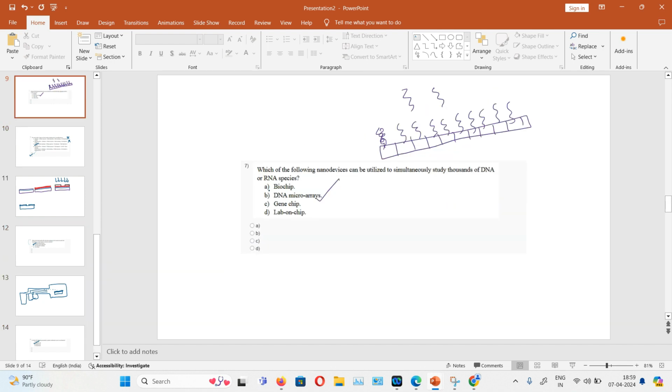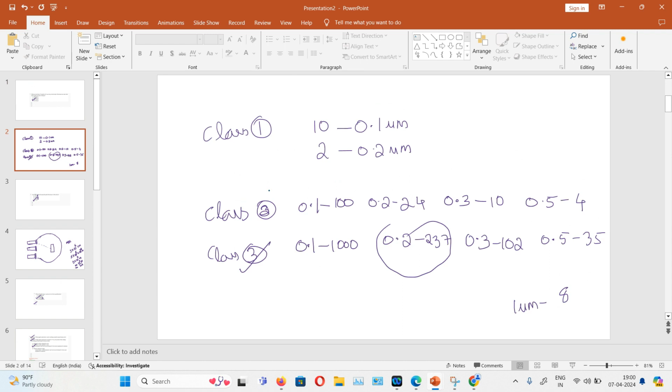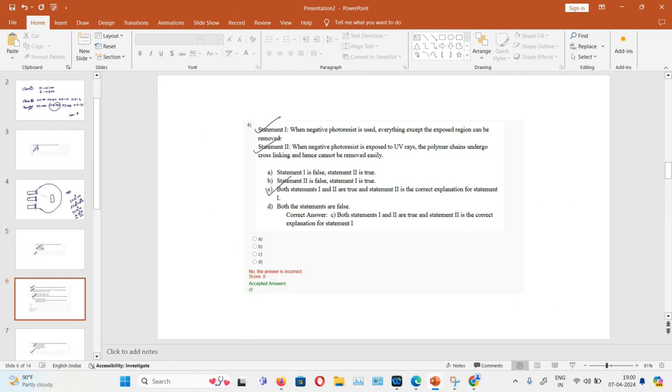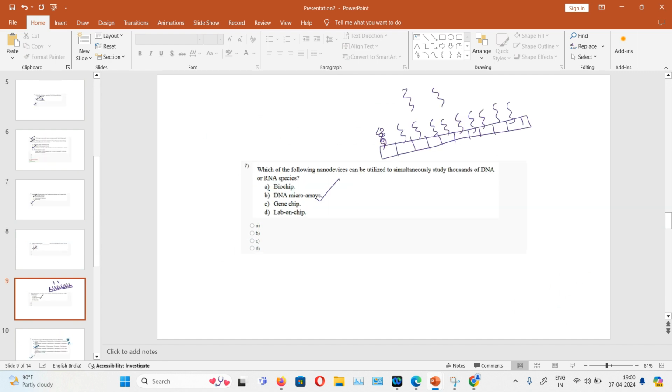So today we went through the different nanotechnology based things, nanofabrications and different methods used in nanofabrication like molecular beam epitaxy, chemical vapor deposition, and the self-assembly method, and how these things work, and some ideas about clean room systems, then electron beam and molecular beam epitaxy techniques, and different principles involved in nanofabrication techniques.